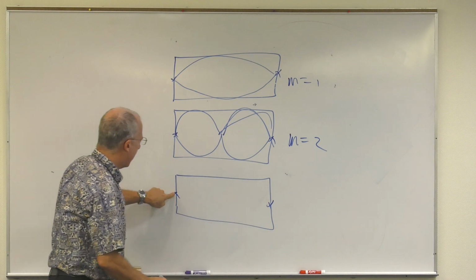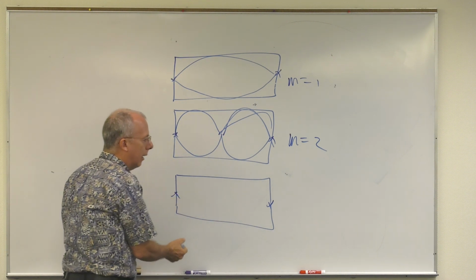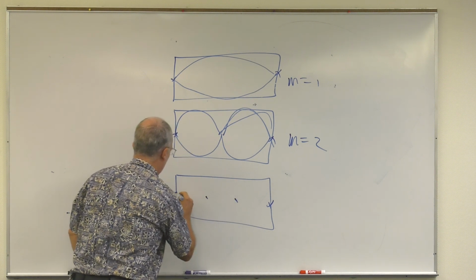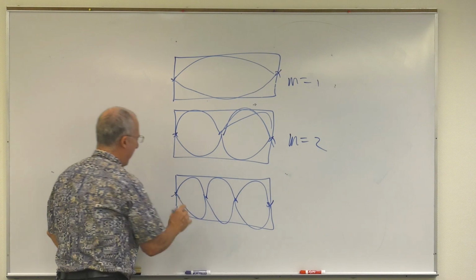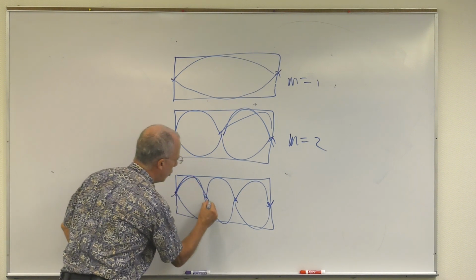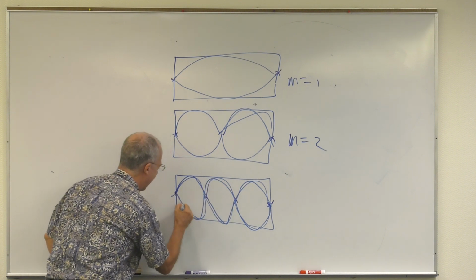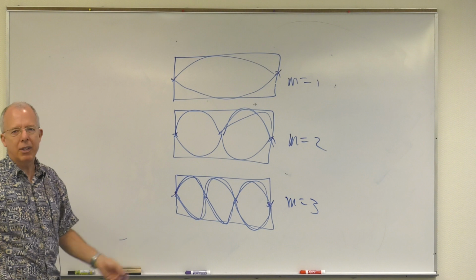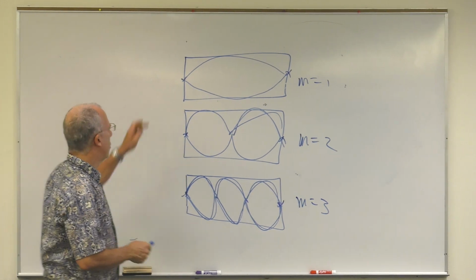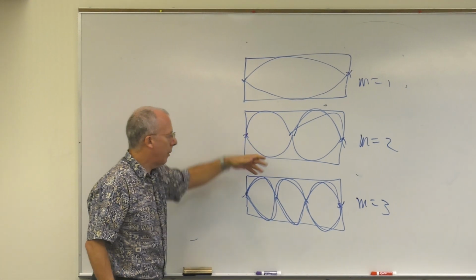Again, this has to be a node. Well, what's the next one going to be? It's going to be 3. So 1, 2, 3. It's supposed to be like this, right? But I think it's just easier drawn the other way. So that's m equals 3. So, you don't have to do a lot of thinking. You just make these nodes and figure out how many humps you can get in there.